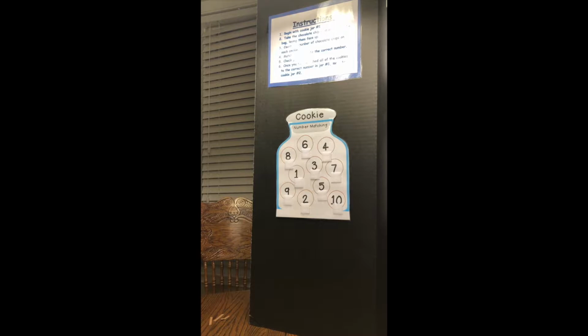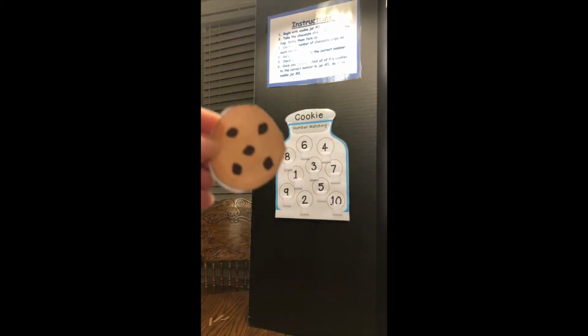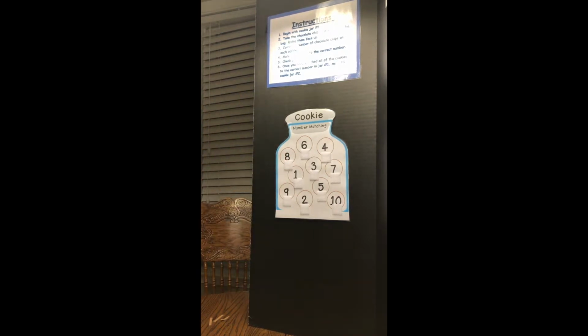So to begin, I would have students match each of these 10 cookies to the correct number that is on the cookie jar. So for example, I would ask my student to match the number of chocolate chips on this cookie to the number on there.